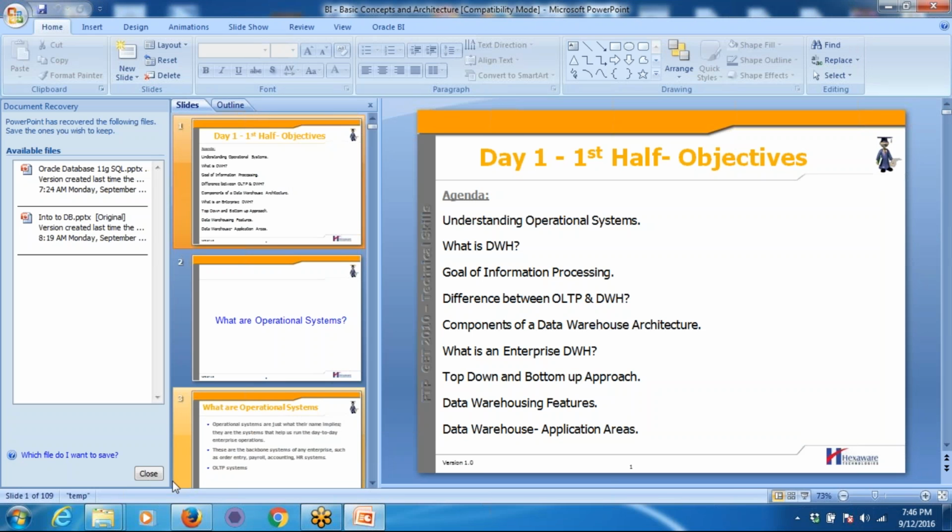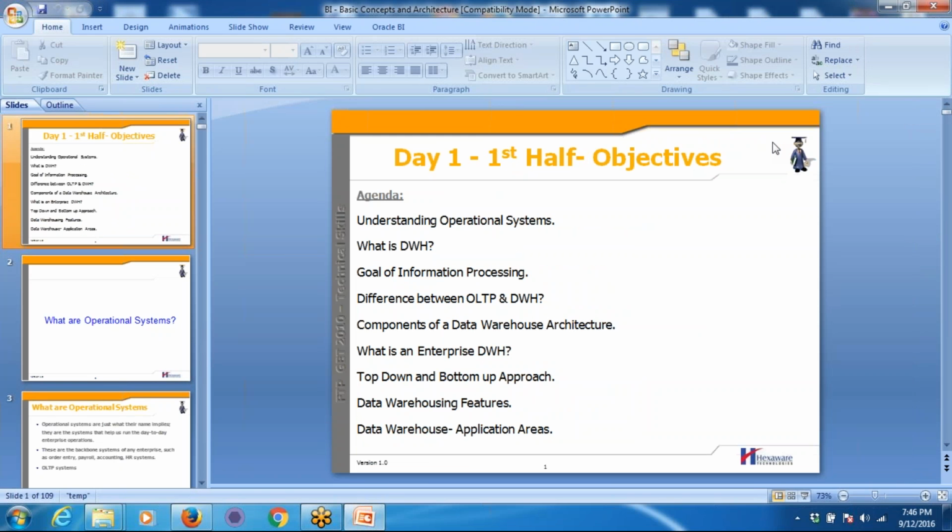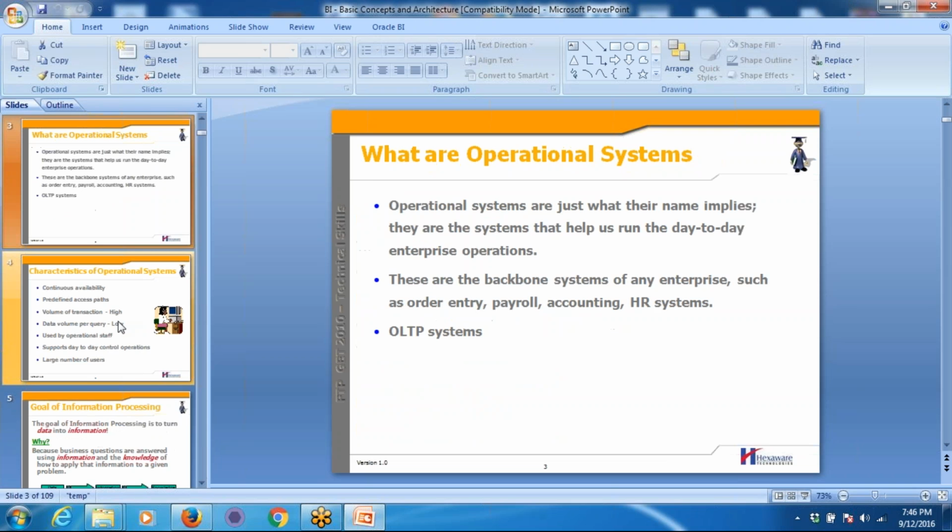Hello. Yeah, I can see now. Okay, Rajesh garu. Okay. So, hello, Rajesh garu.